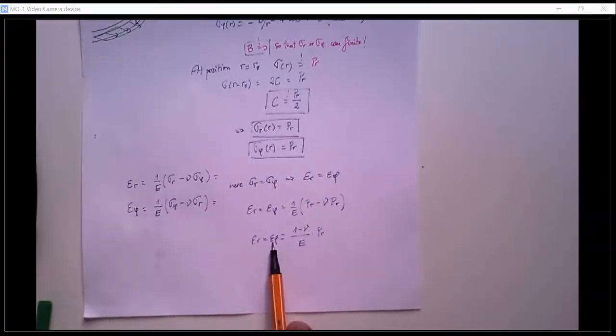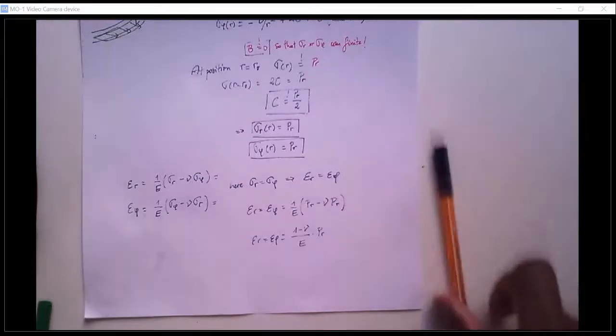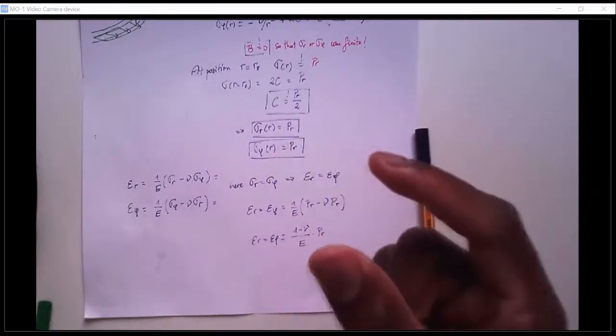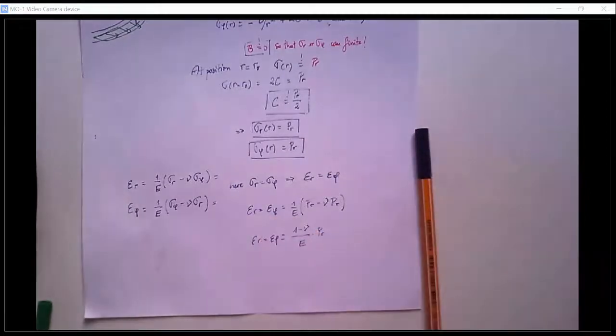And what is the strain? The strain is a ratio of the deformation that occurs divided by the original length. That's a simplified definition of the strain.